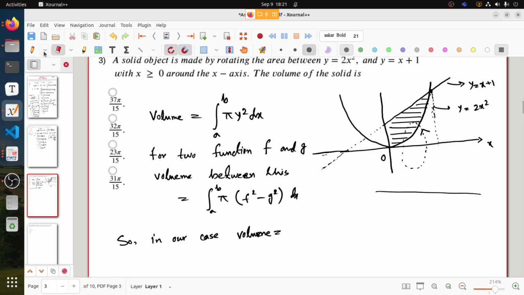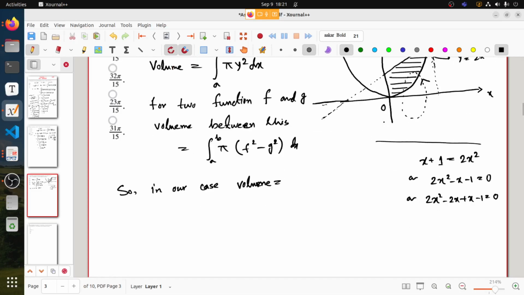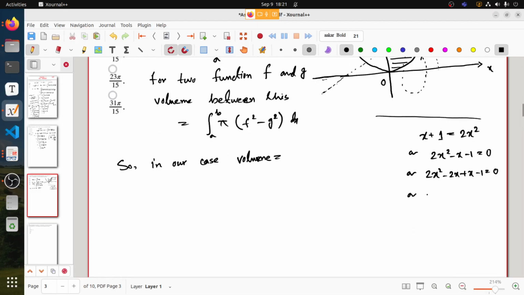So when these two are the same, x plus 1 equals 2x squared, right. When these two are equal, we will get a solution. You have to solve 2x squared minus x minus 1 equals 0, or 2x squared minus 2x plus x minus 1 equals 0, or 2x times x minus 1 plus x minus 1 equals 0.